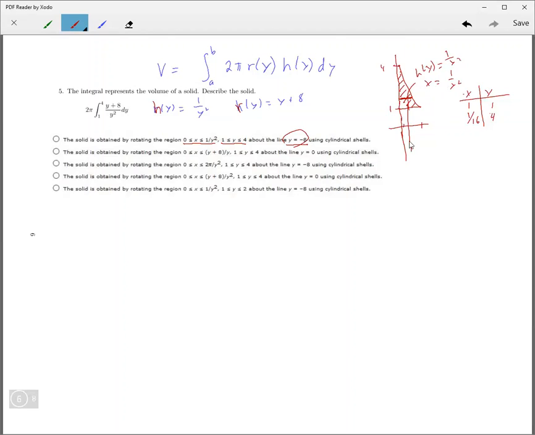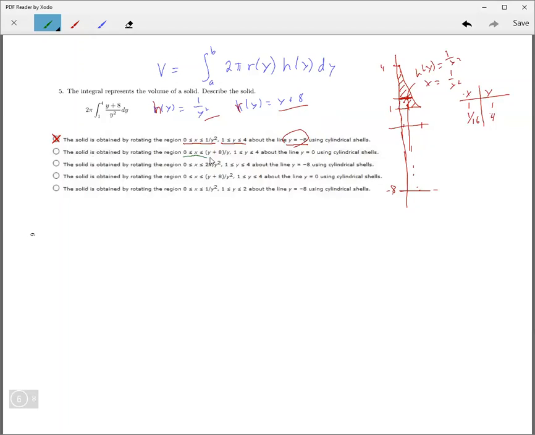And the radius would be all the way from here to -8. So if -8's down here, then the radius would be all the way from here to -8. So that would be y plus 8. Yeah, so that one would work. This one actually works. The first one actually works.